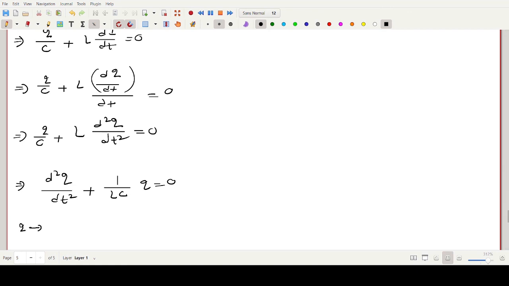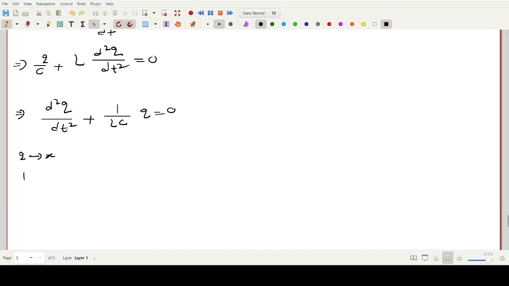If you replace Q by x, and 1 over LC by k by m, then you get the equation of simple harmonic motion for the spring-mass system. Okay.